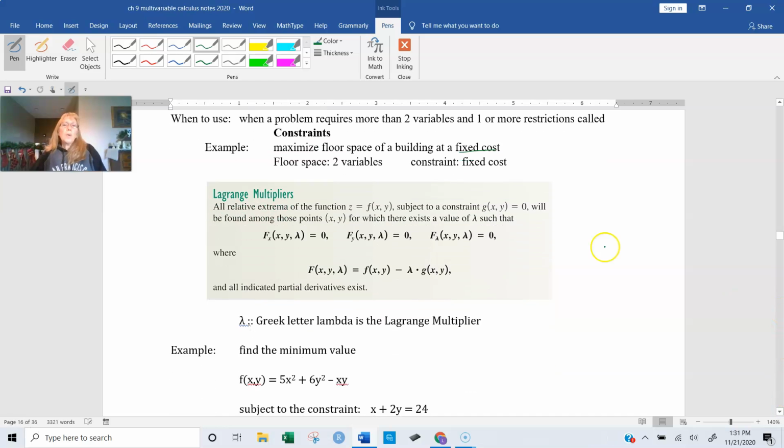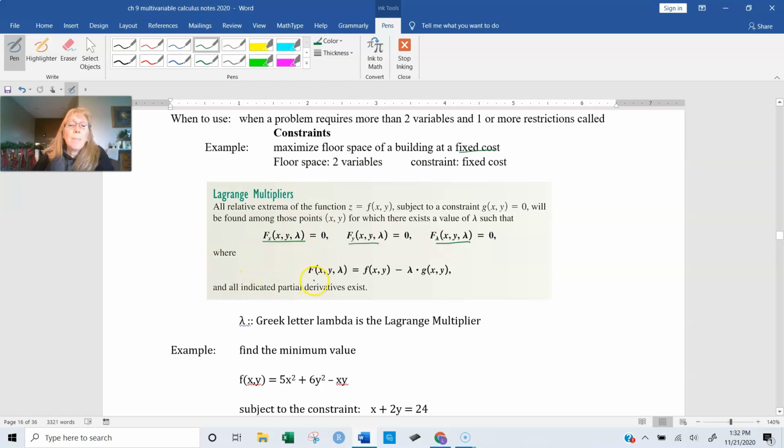So let's show you what this looks like. We're going to use lambda. So a relative extrema function subject to this constraint g of x. So among these points x, y, there has to exist a value lambda such that the first derivative with respect to x minus lambda equals 0, the first derivative with respect to y minus lambda equals 0, and the derivative with respect to lambda equals 0.